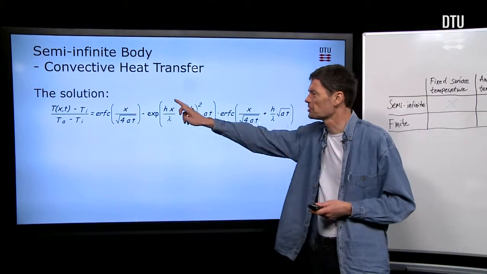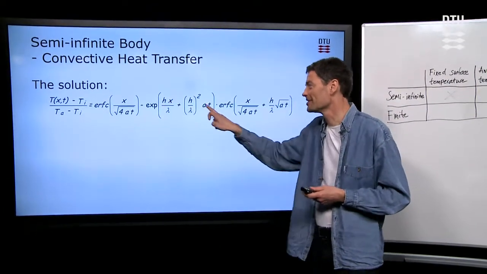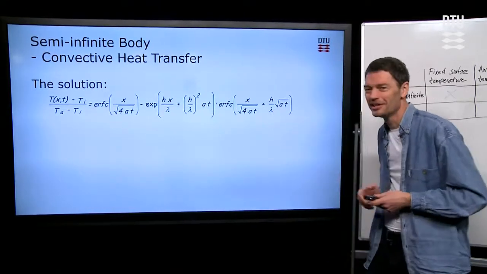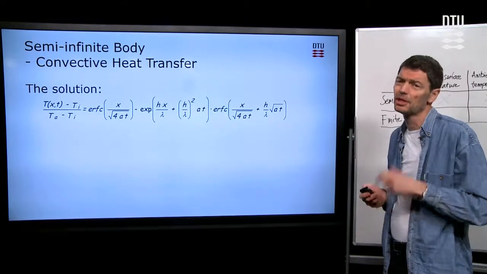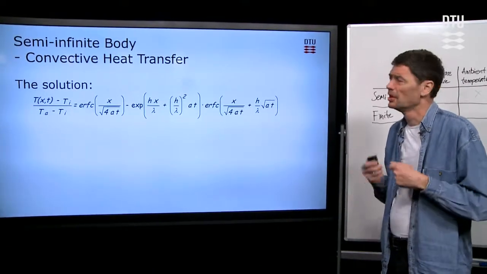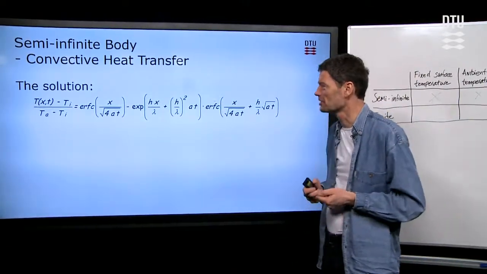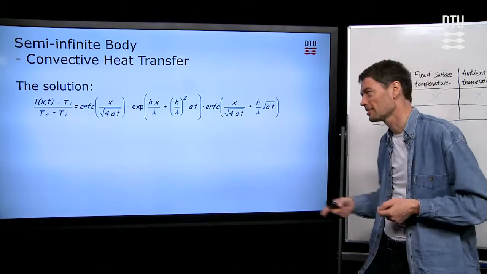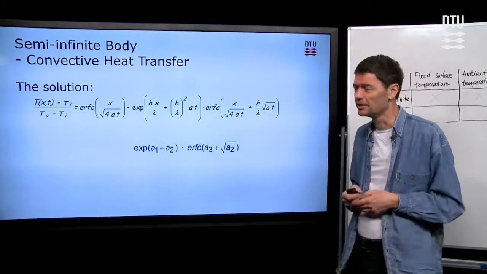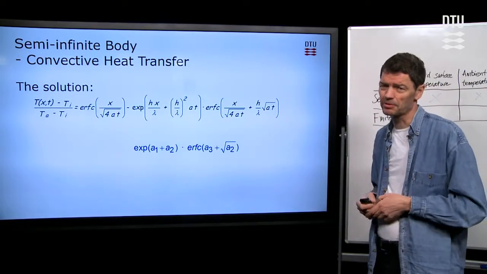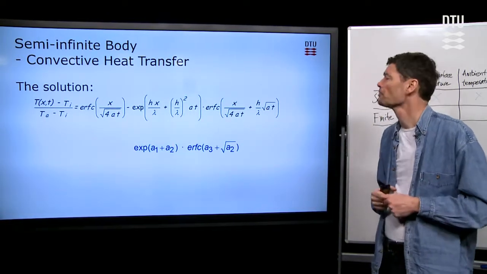So we should insert, again, the location x, and this is time t that fits in this equation here. But it's a mathematical equation. You can just solve it. But again, using the complementary error function, and this time also the exponential. Things that you can find, for instance, in Excel programs, Maple, other places.